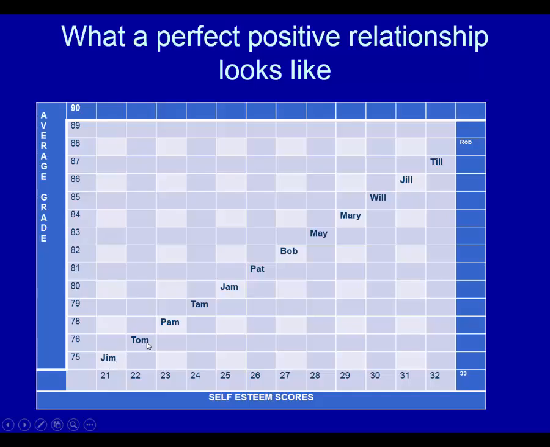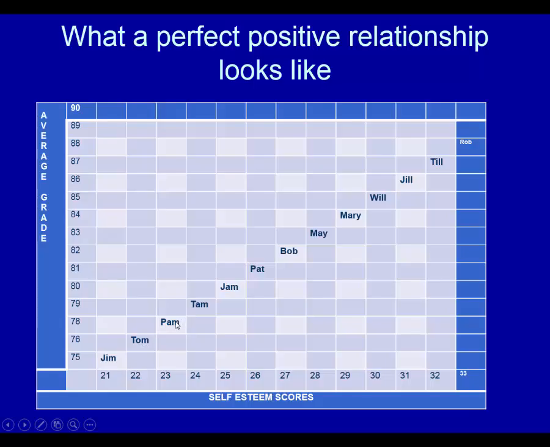Tom had a self-esteem score of 22, and an average grade of 76 here. That's Tom. So Tom was higher than Jim on both grades and self-esteem. As you will see with this pattern, this is always true. Pam is higher than Tom on both.